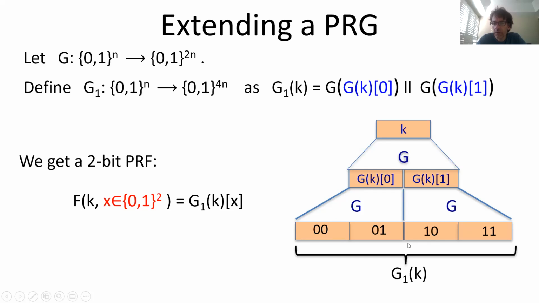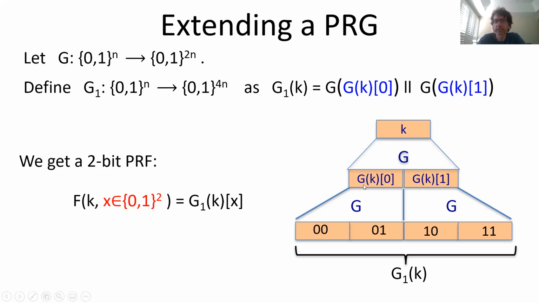And let's call this row G1 of k, and the PRF value on a 2-bit argument will be G1 of k indexed by the block. So I treat x as an index that shows me which block of G1 of k to output.